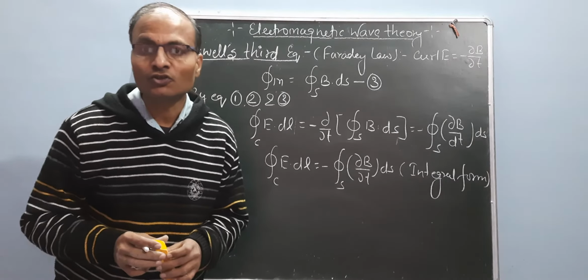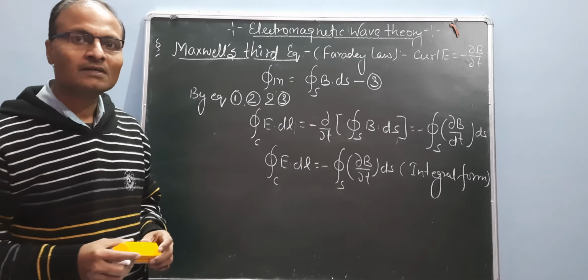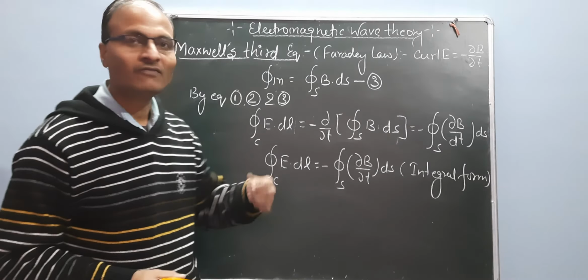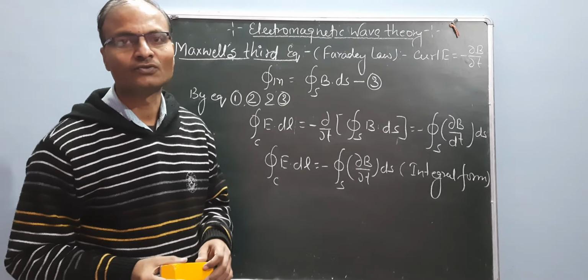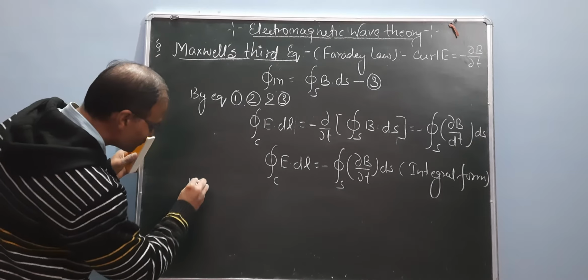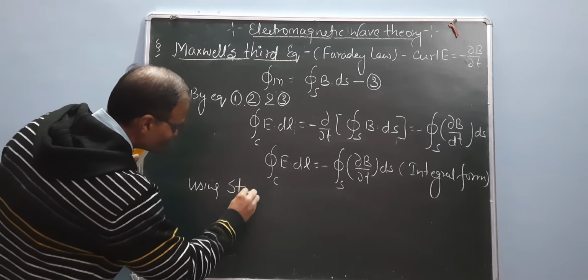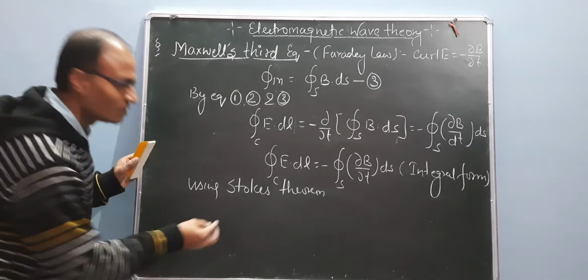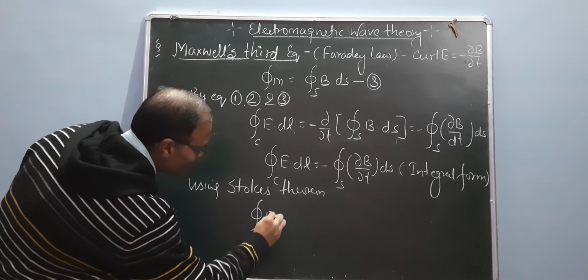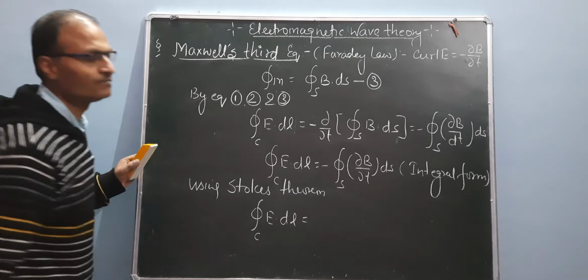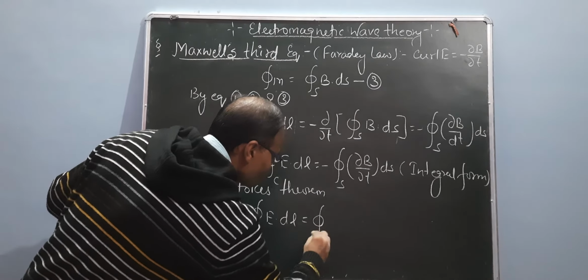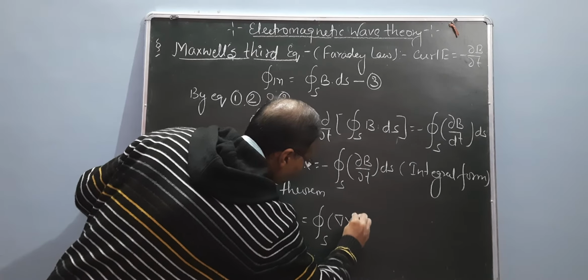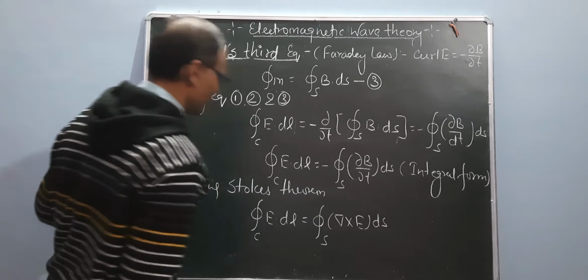Now applying the Stokes theorem. You know what Stokes theorem is: the line integral dl is converted to a surface integral. So using Stokes theorem, closed circuit C E dot dl equal to closed surface S curl E, meaning del cross E, into ds.